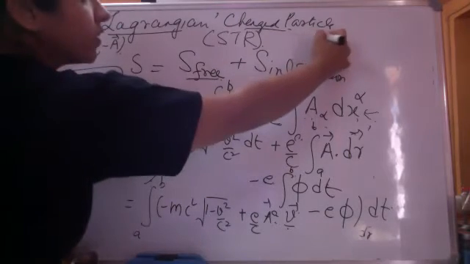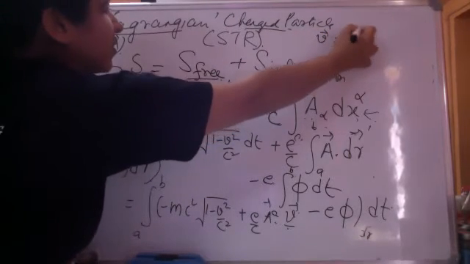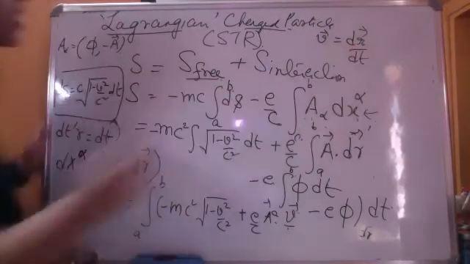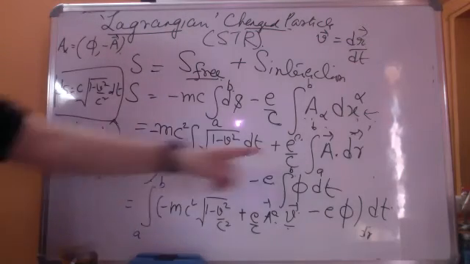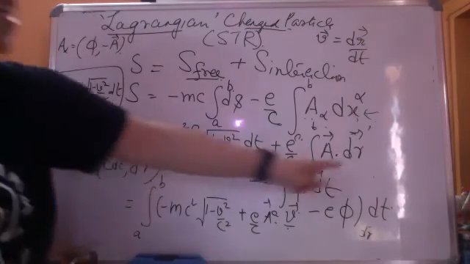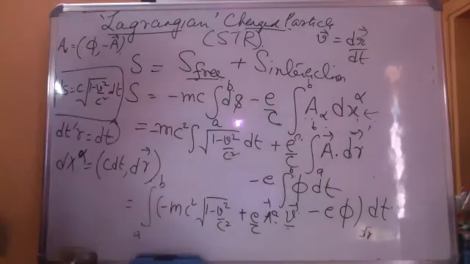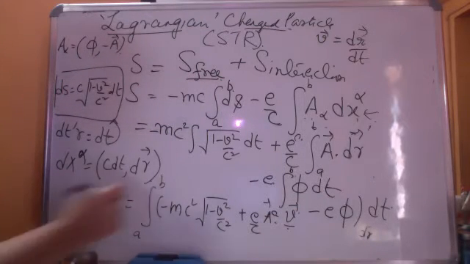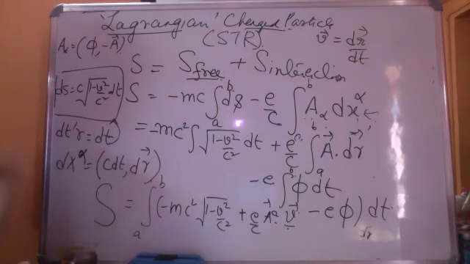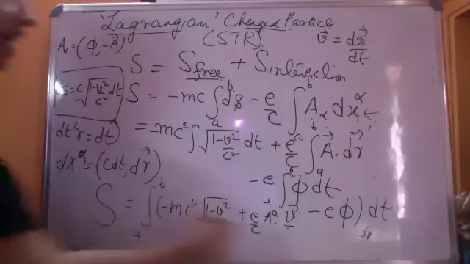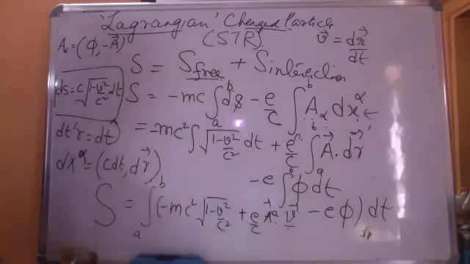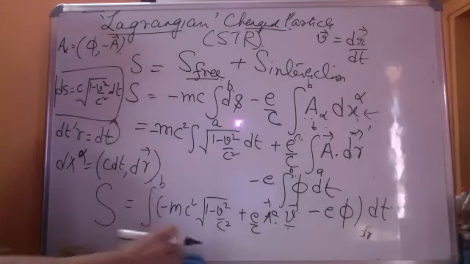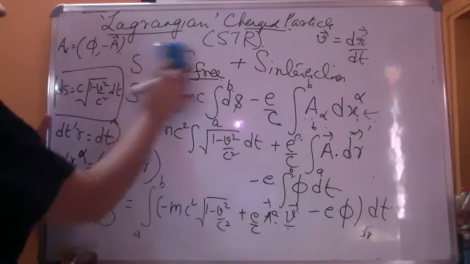This v is dr by dt. So I had a dr, I wrote it as dr by dt into dt. And then I took a dt common. So I have the expression for my action as an integral of L dt. So I can write my Lagrangian.